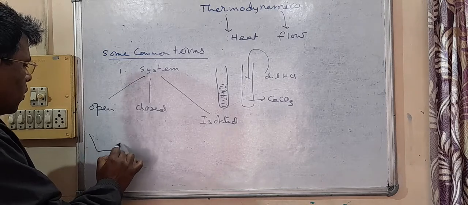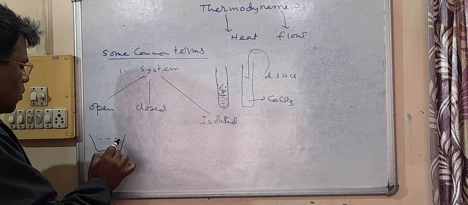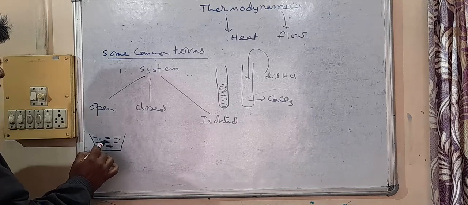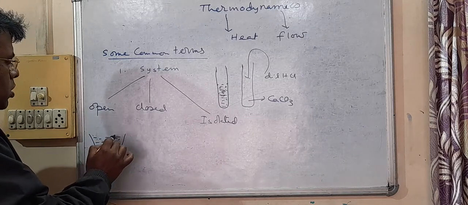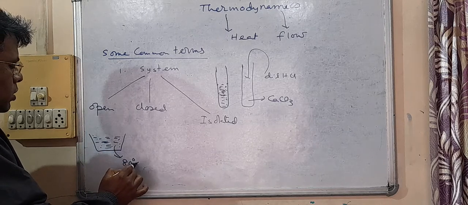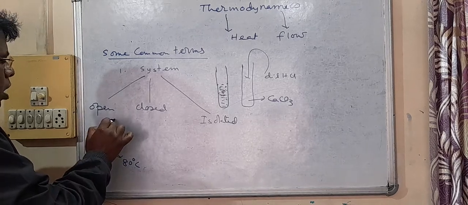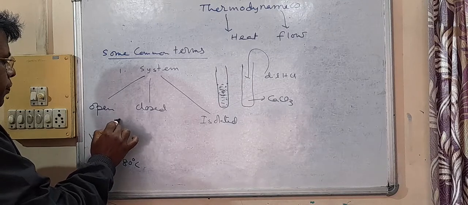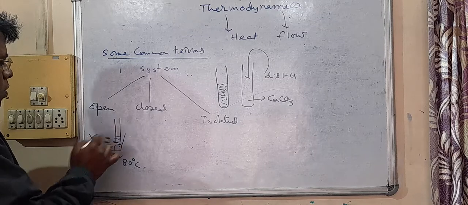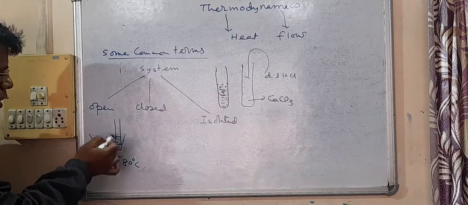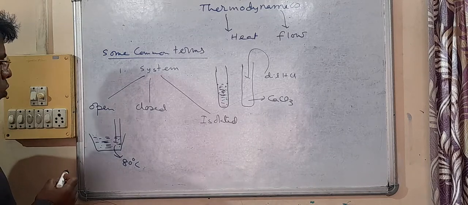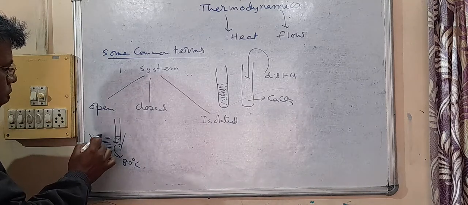Suppose we have water in this container, and we are trying to measure. Suppose this water is at 80 degrees Celsius, and we are measuring its temperature with the help of a thermometer. So this will form an example of open system. Why?